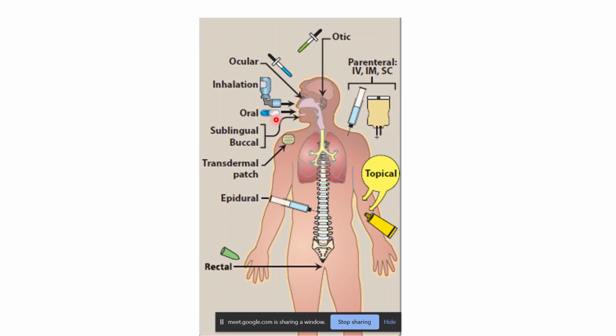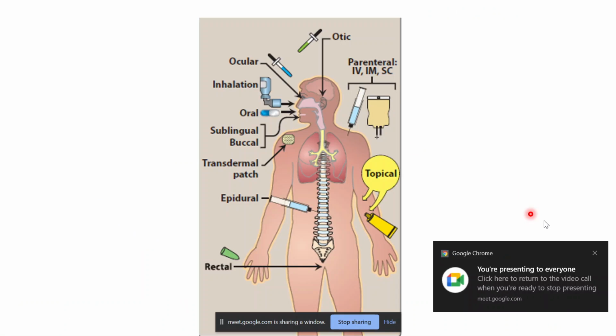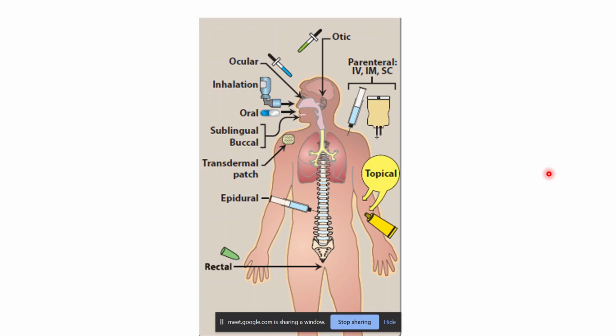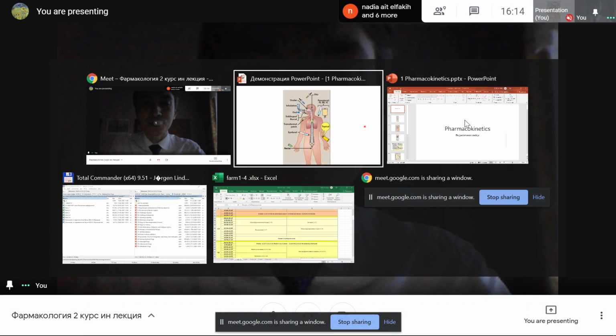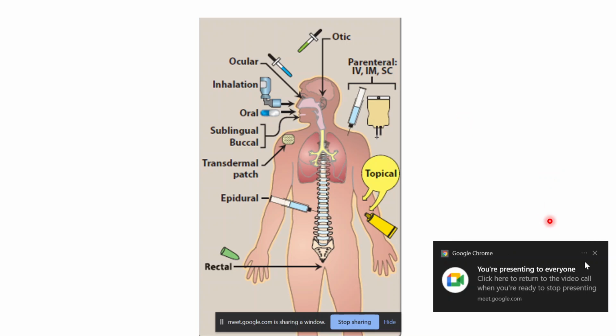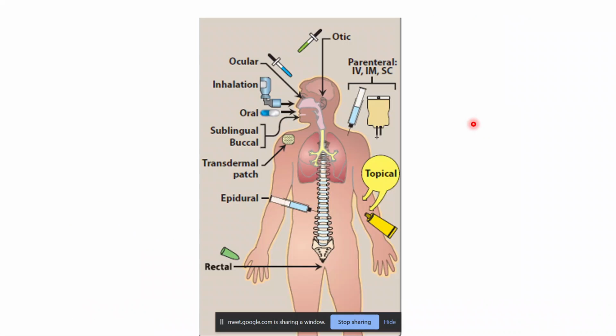And third, some diseases will require administration only at the local site, because the drugs can be toxic, and to prevent systemic toxicity, the drugs can be administered locally.